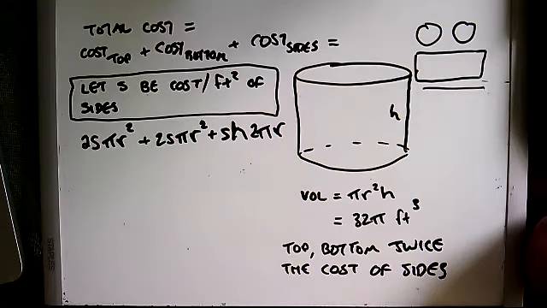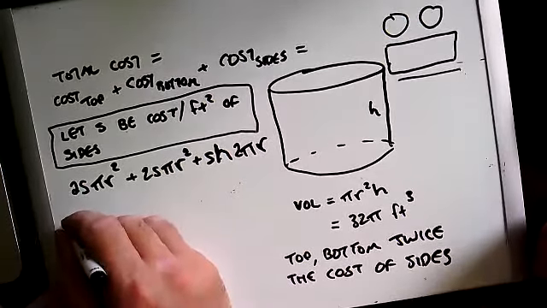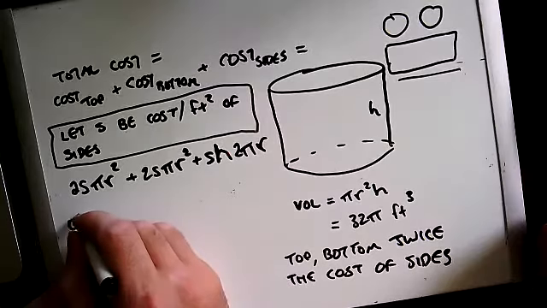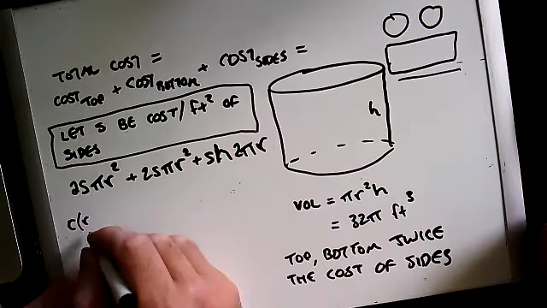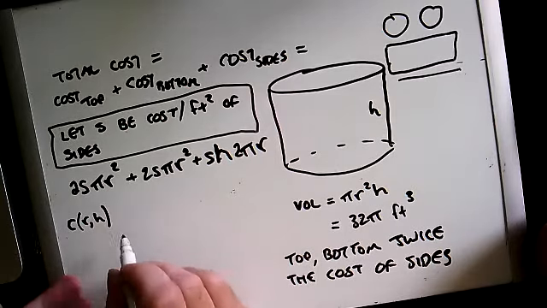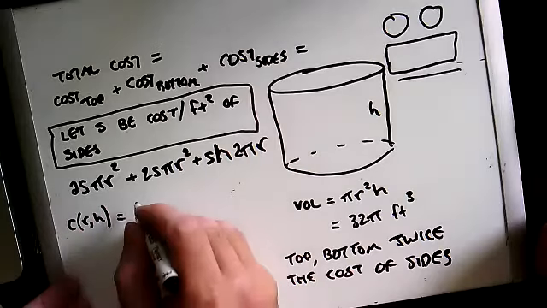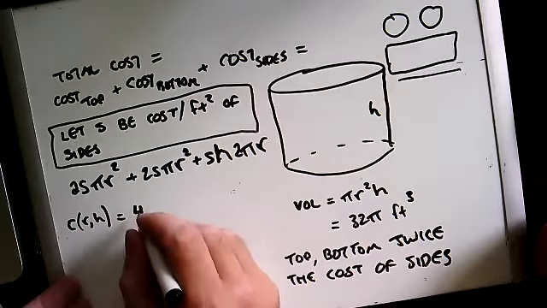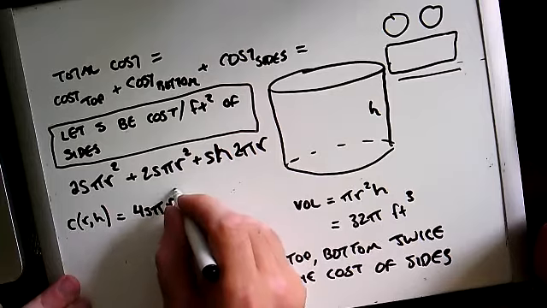I'll rewrite that and combine some like terms. So cost as a function of r and h equals, let's see, we have two of these, so we have 4s pi r squared.